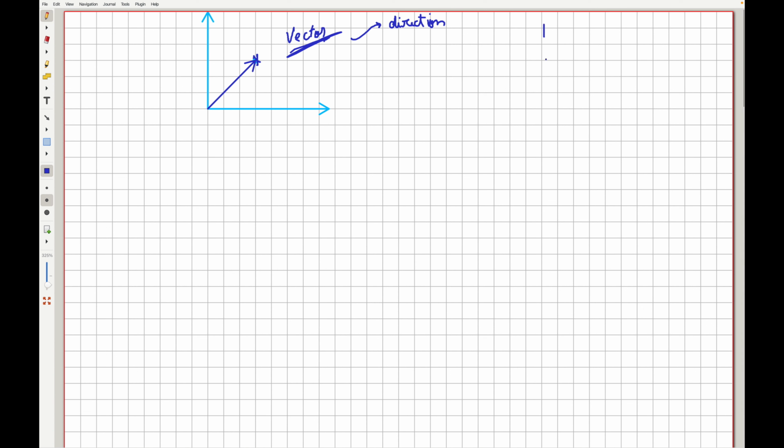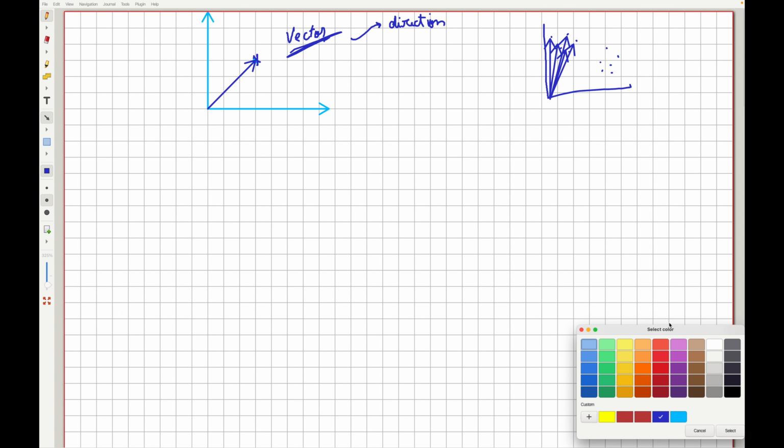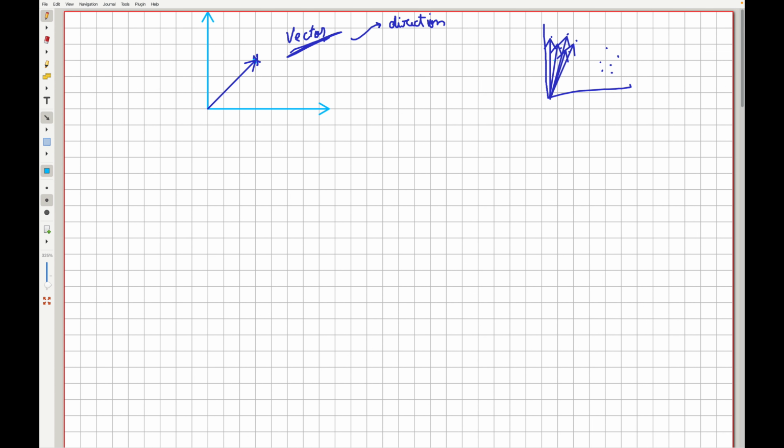When we say that we have two sets of data points on this side and this side, what we are essentially saying is that the arrows or vectors on this particular side are more aligned in the same direction as compared to the arrows on the other cluster, which are aligned in a different direction.